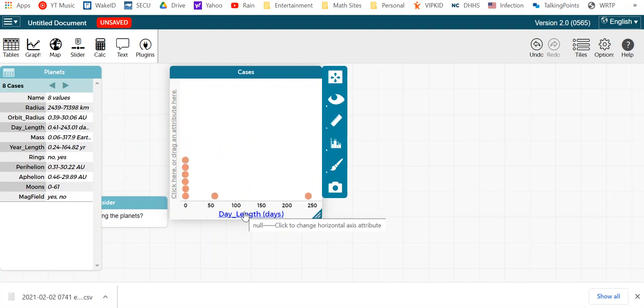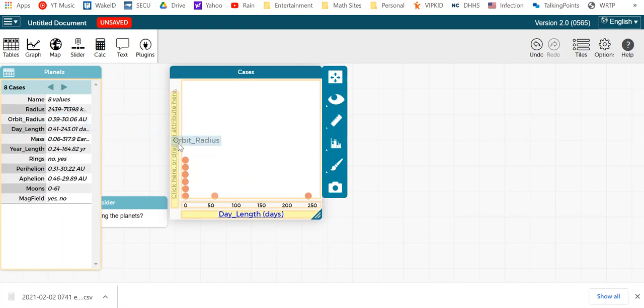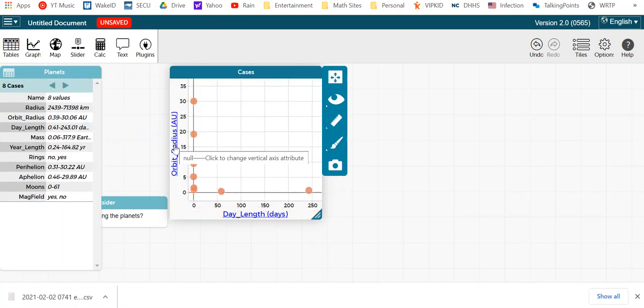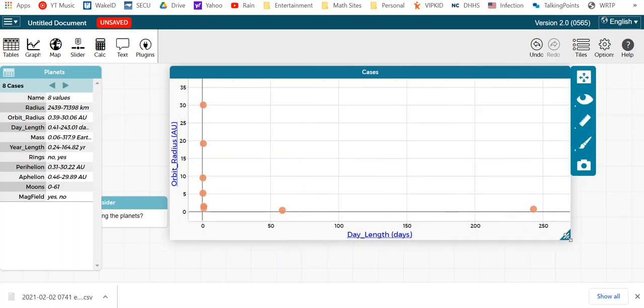Wow. That doesn't give us a lot to work with. So what if we compared it versus the orbit radius? That still doesn't give us a lot, unless we. And part of the issue is that you've got 6 of the planets down here, and then you've got Mercury, and then you've got Venus.